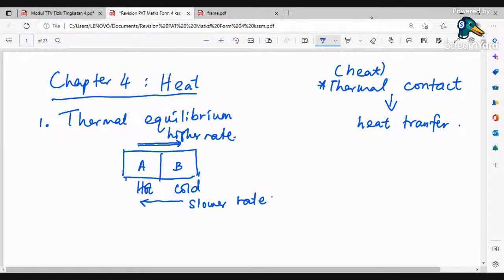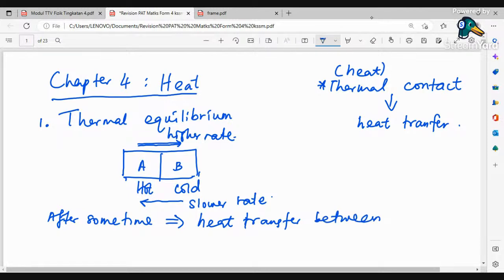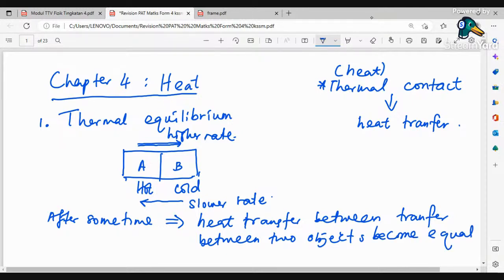After some time, the heat transfer between the two objects becomes equal. Dia jadi sama.